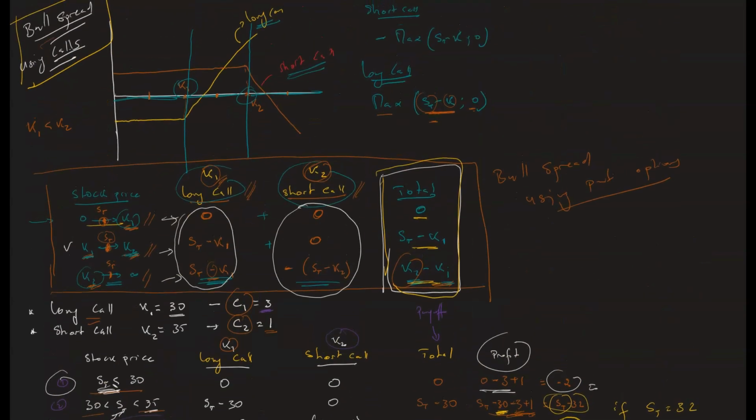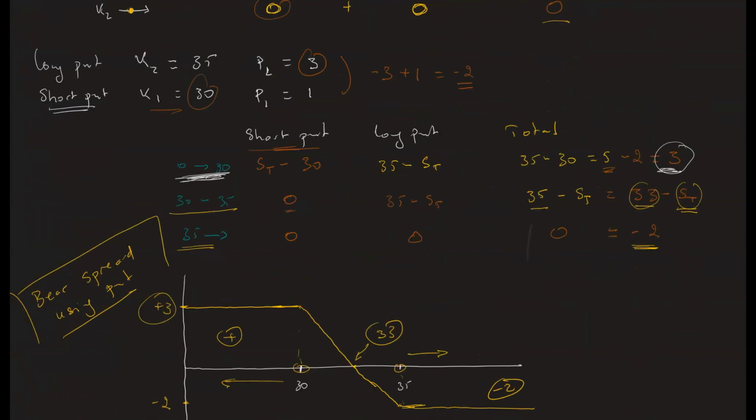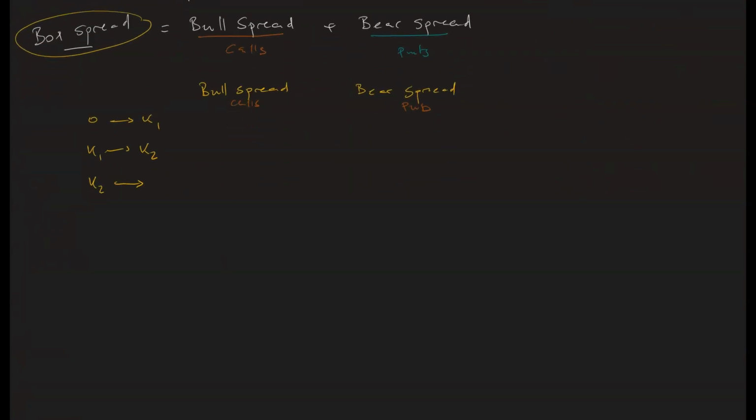It's 0, stock minus strike price 1, and then strike price 2 minus strike price 1. So we're just going to copy that down here. And this is the outcome of our bull spread using call.